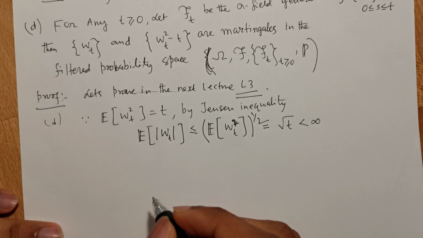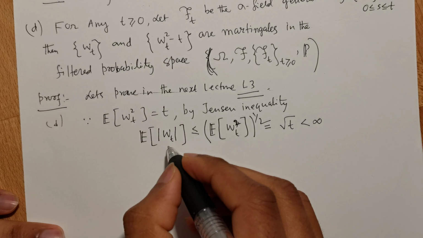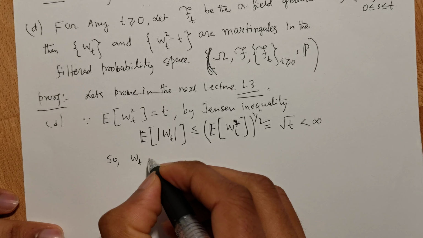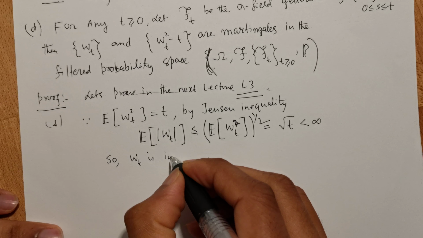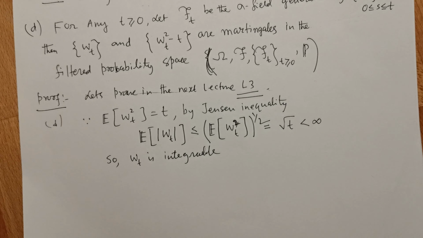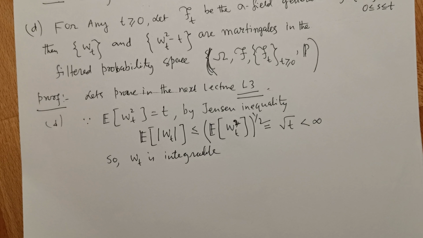So Wt is integrable, which is the first property for a process to be a martingale, right?